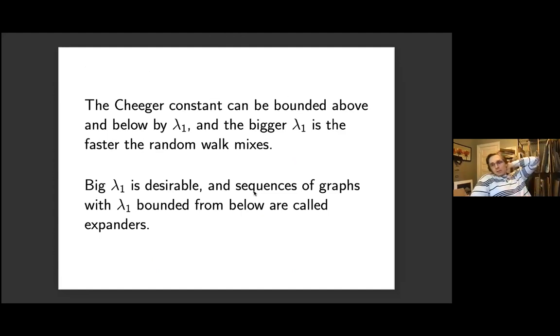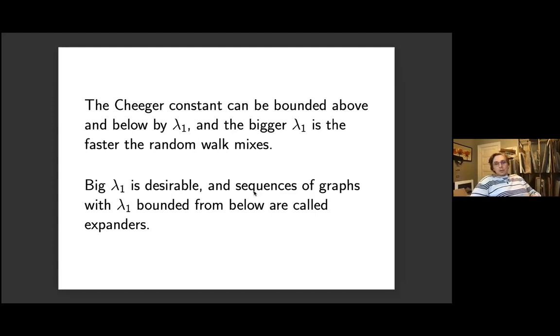Okay, but actually we care especially about lambda 1, which somehow we don't get that much information about, the first non-zero eigenvalue. And we care about that because the Cheeger constant of the graph, so I'm not going to define Cheeger constant, but it's something that measures how hard it is to cut the graph in two. So the Cheeger constant is related to lambda 1, and the mixing time is very transparently related to lambda 1.